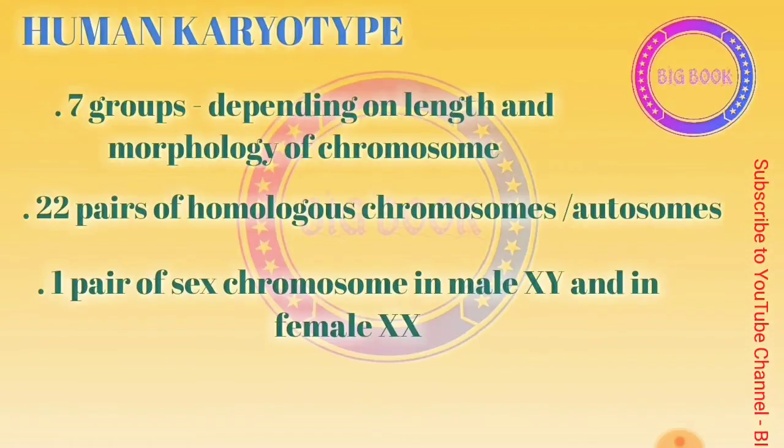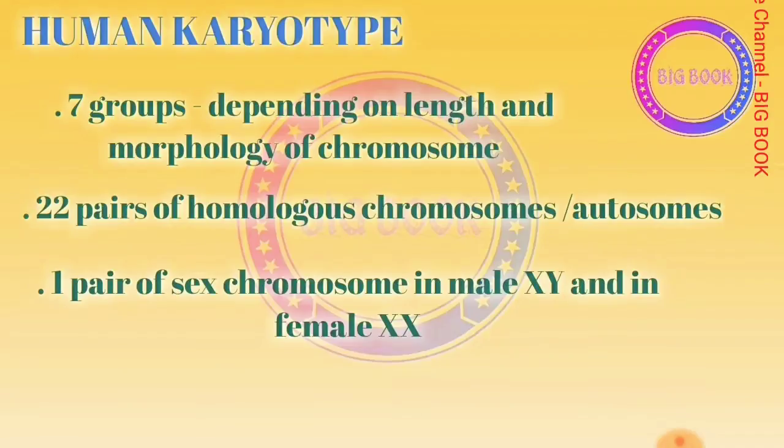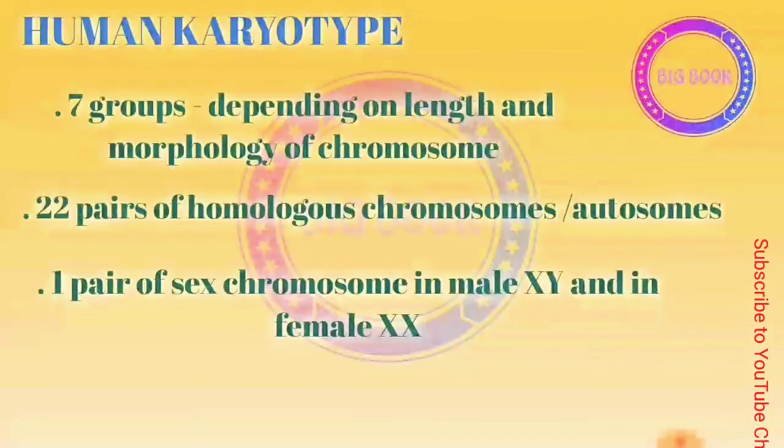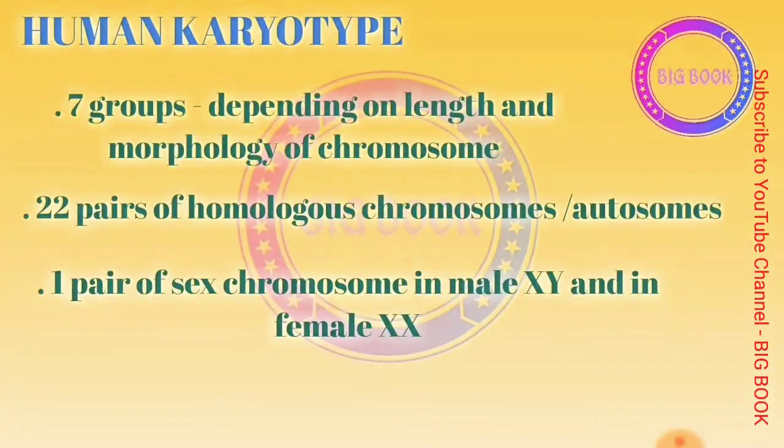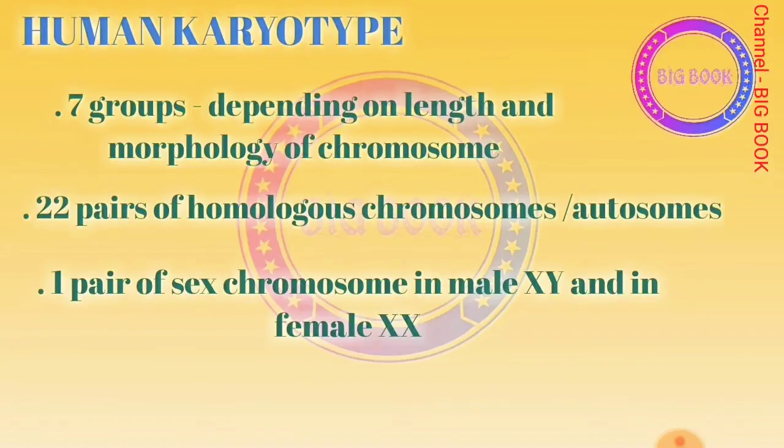Especially in the human karyotype, there will be 7 groups depending on the length and morphology of the chromosomes. Here 22 pairs of homologous chromosomes, also called autosomes, will be present, and 1 pair of sex chromosomes: XY in the male and XX in the female.